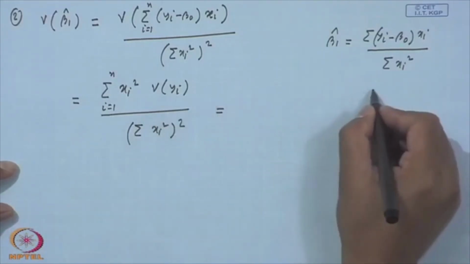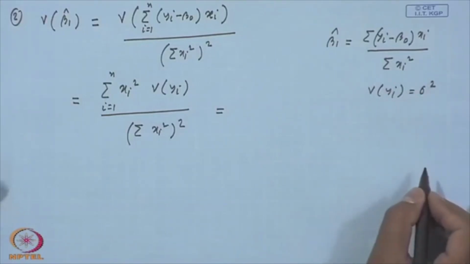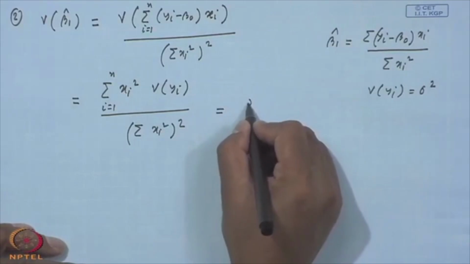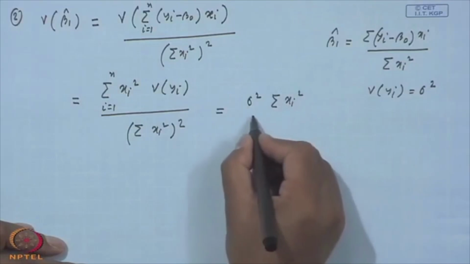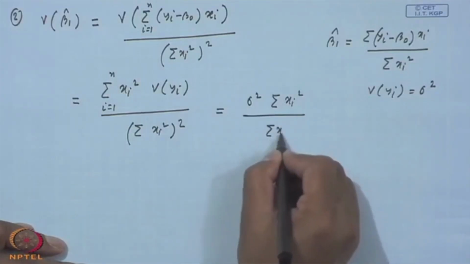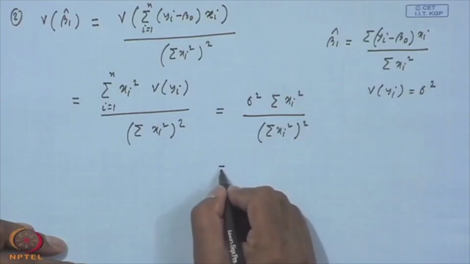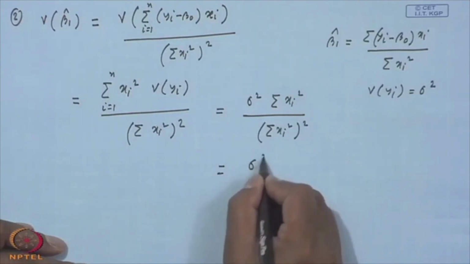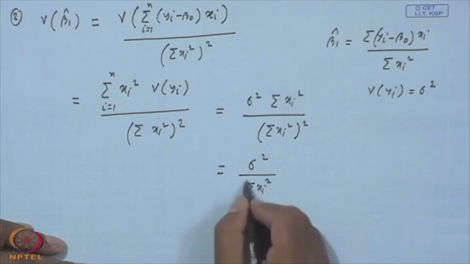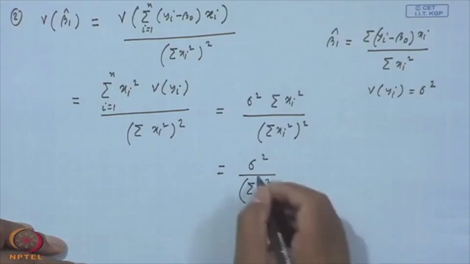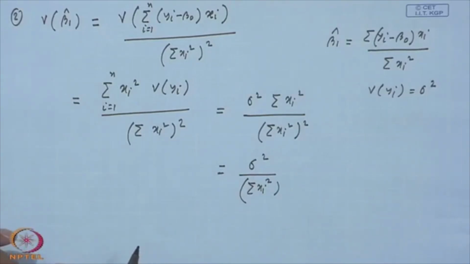And variance of y i, we know, is equal to sigma square, right. So, we can put in the sigma square times x i square by summation x i square whole square. So, this is equal to sigma square by summation x i square, yeah, right. So, this is the variance of beta 1 hat.